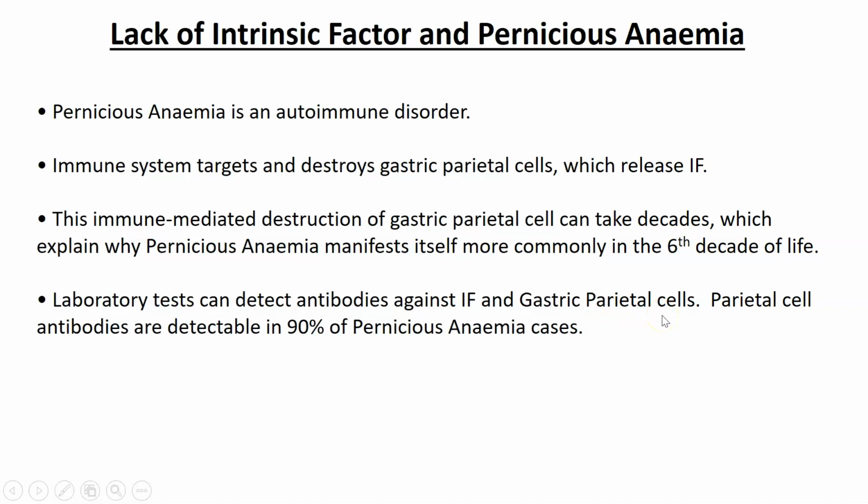Usually in 90% of the cases, antibodies bind to parietal cells. So we can diagnose that problem straight away, because we know that your body is producing antibodies towards your own parietal cells. And parietal cells are responsible for producing intrinsic factor, and intrinsic factor is needed to absorb vitamin B12.